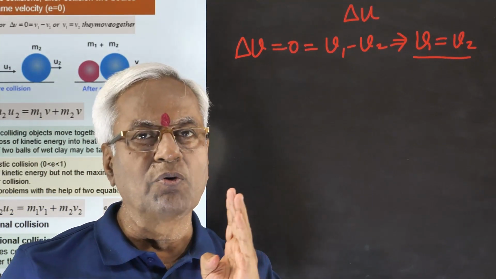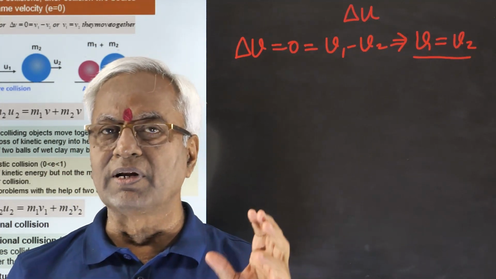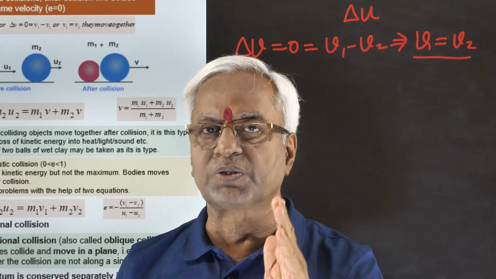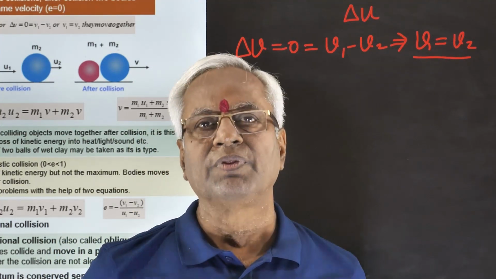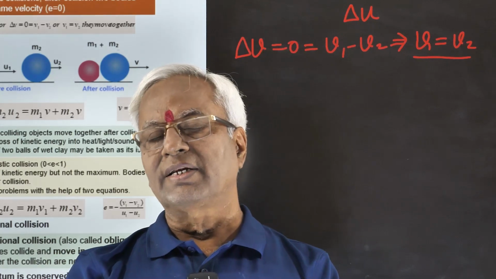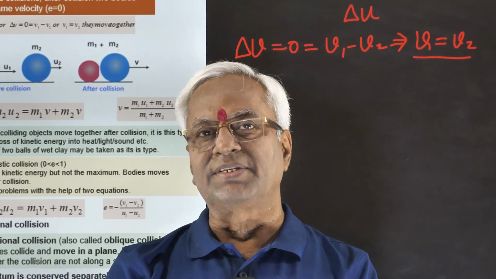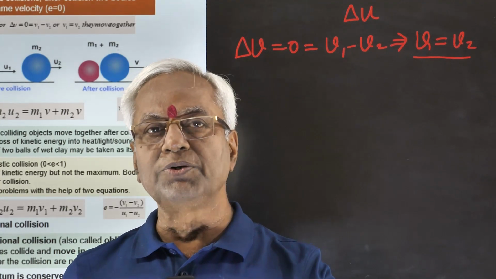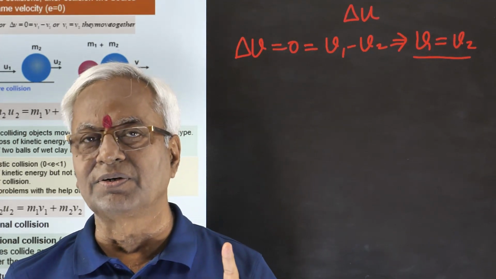That is one and only indication for this inelastic collision, that whenever the bodies collide in this manner, they will move together as a single body. This is the only criterion, or you might say acid test, for checking the nature of the collision. If the bodies are moving together, you will immediately claim that it is inelastic collision.